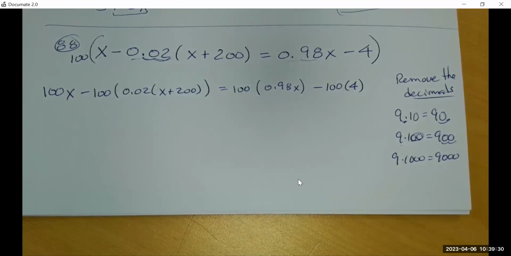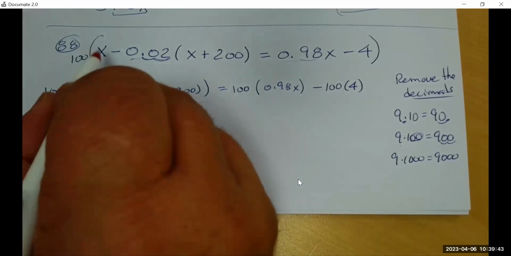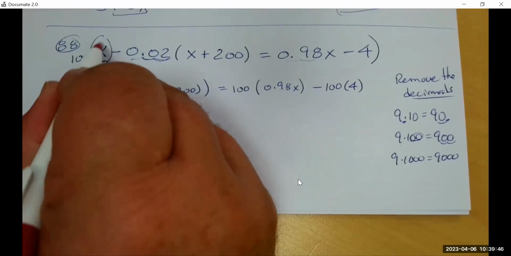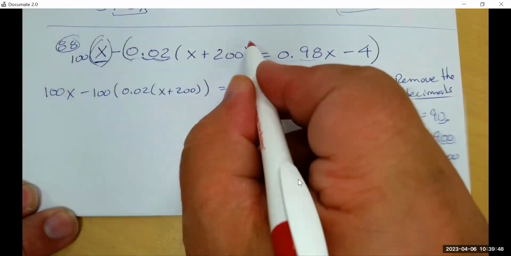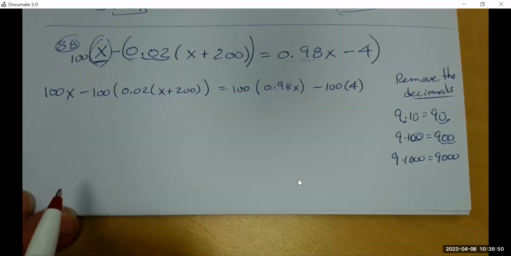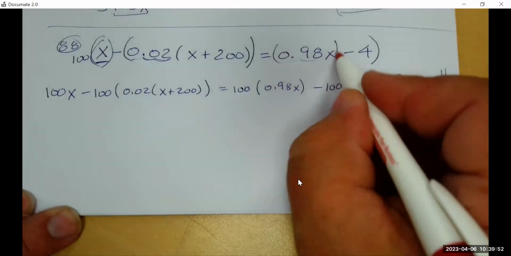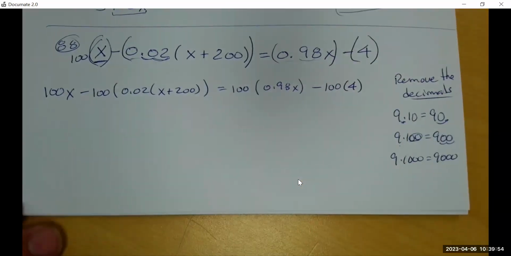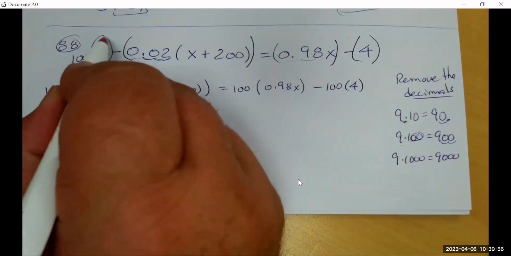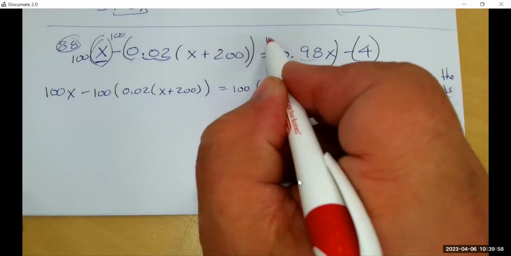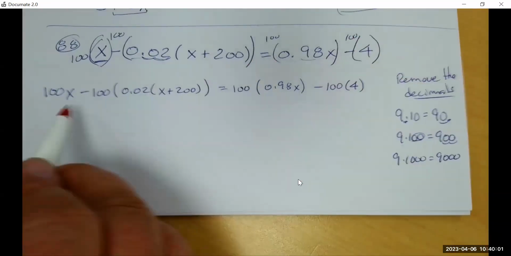A term is anything separated by plus, minus, or equals. Here's one term. This is another term because it's all multiplied together. Here's another term. And here's another term. So I got to put 100 in front of each one of these terms. That's what I did.